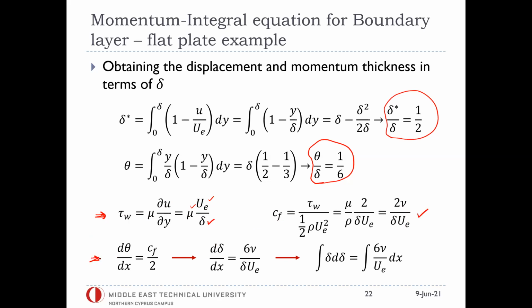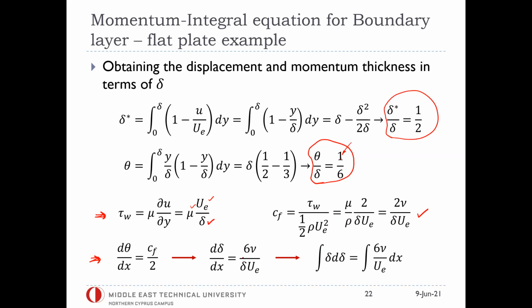Then if we plug in the momentum integral equation, let's see what we get. The momentum integral equation says that d theta/dx must be equal to CF over 2. Therefore d theta/dx is 1/6 d delta/dx, so 6 is here, and CF is 2 nu over delta Ue.